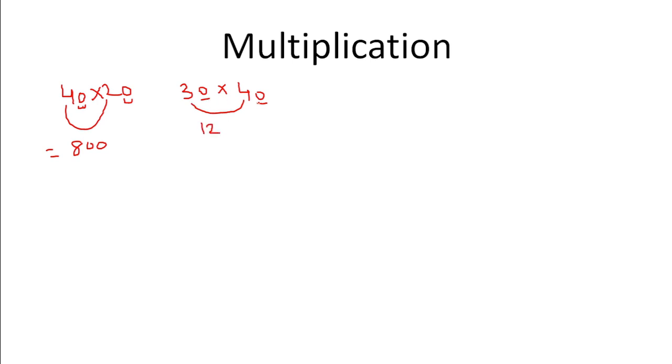Now 1 zero and 1 zero, 2 zeros. Now suppose we multiply 40 by 3 only. So 3 fours are 12, and how many zeros? Only 1 zero this time. We will use 1 zero here.